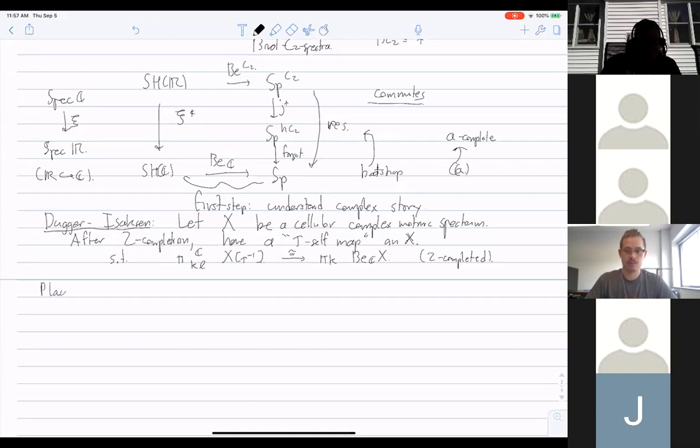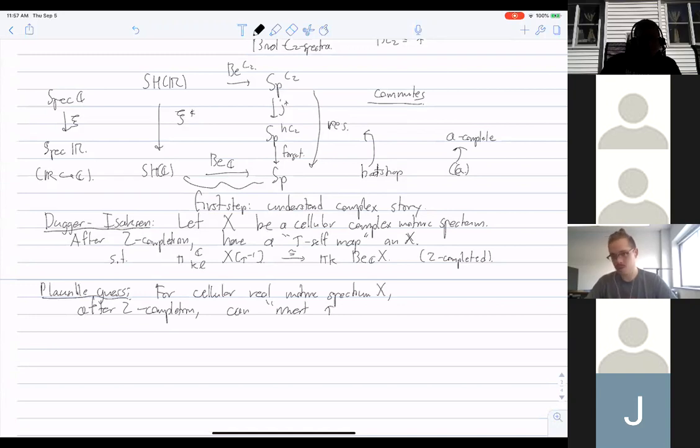So here's a plausible guess as to how to accomplish this, a lift of this result of Dugger and Isaksen. Let's guess that for a cellular real motivic spectrum X, after 2 completion, I can invert some element tau on the rho completion of X, thereby obtaining an isomorphism.